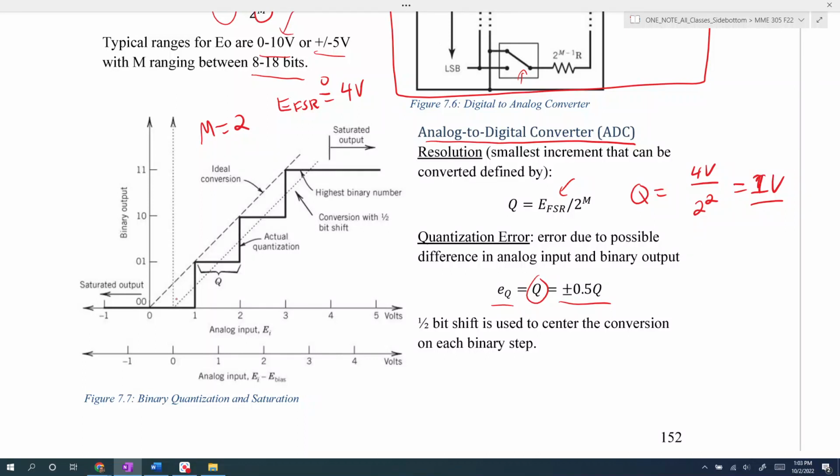Most analog to digital converters shift by half of our Q value, so typically between 0 and 0.5 is considered to be 0, and we basically shift everything over by half of an amount. This allows us to decide what is our binary signal here.